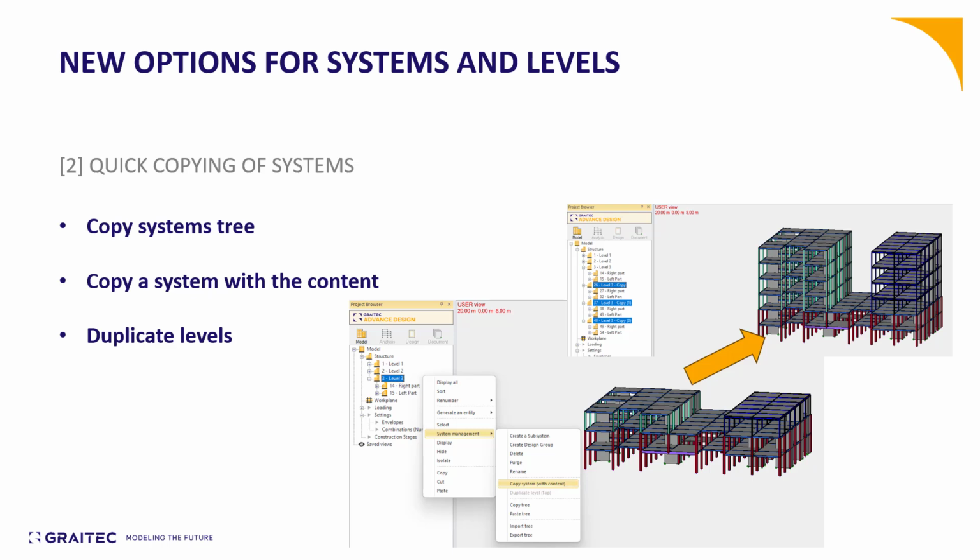Second command is to copy a system with the content. It means we can select a level and easily create a multi-story building where all elements that were copied are ordered and assigned to the same subsystems as the initial one. And the third command is similar to the previous. It's for quick duplicating levels.